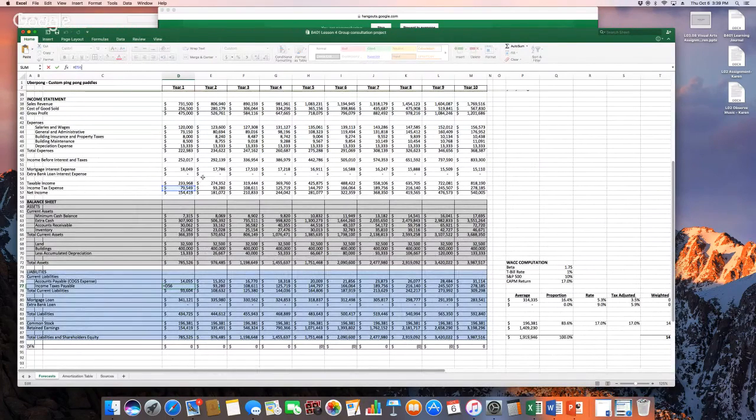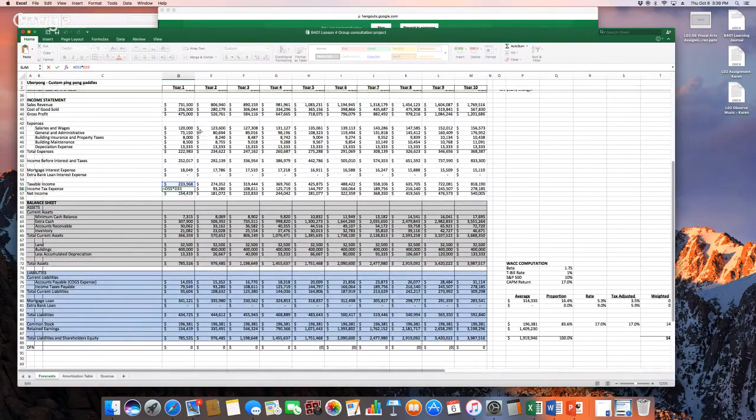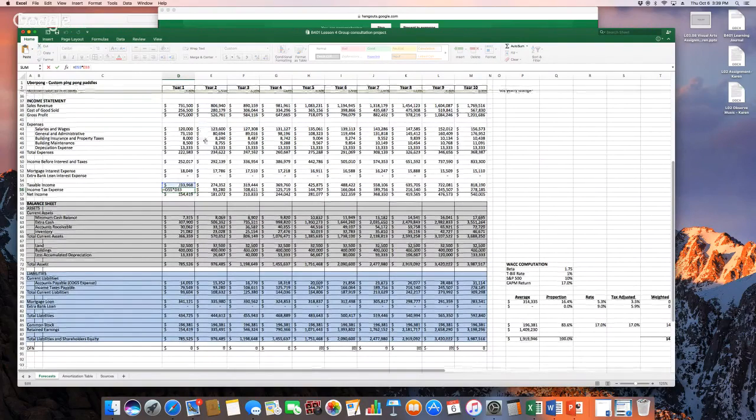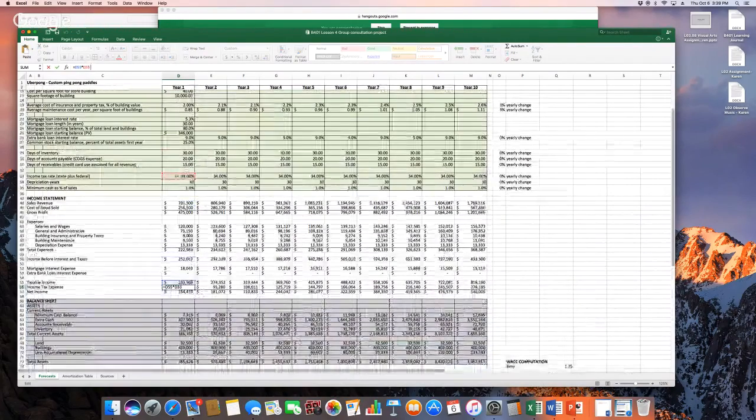And the income tax expense, just to illustrate where that information comes from, you have to go up to the income statement, and that comes from the taxable income times our rate, which we figured at 34%.